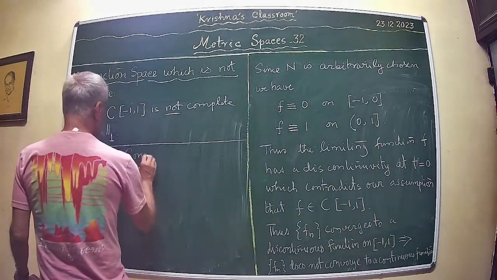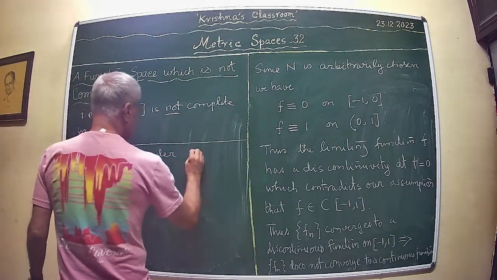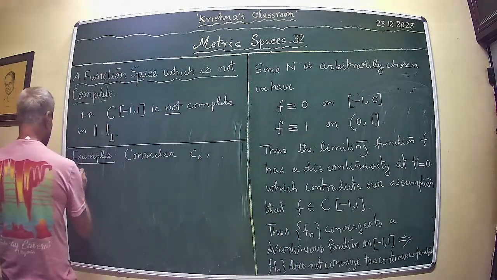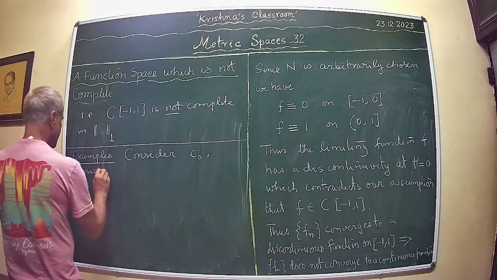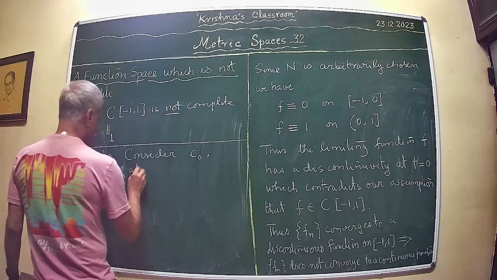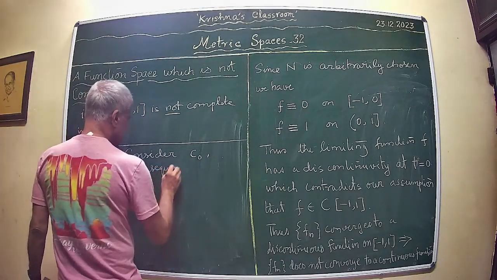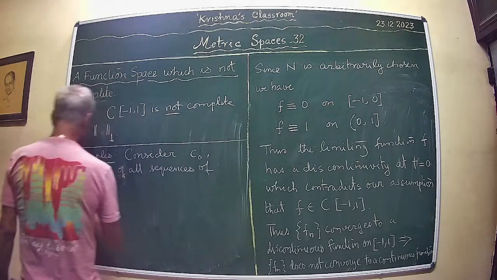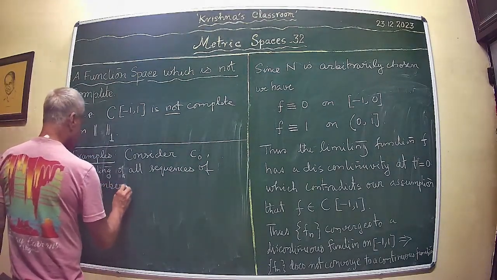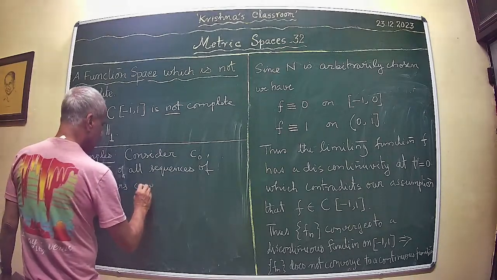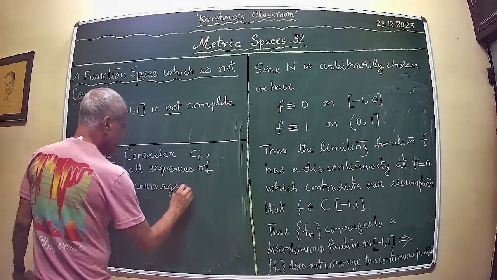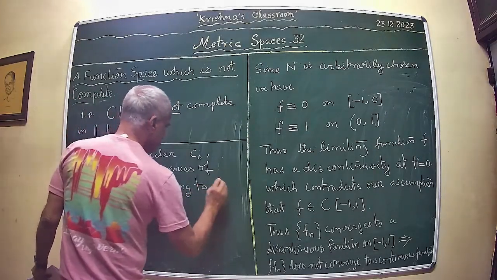Consider the sequence space C naught consisting of all sequences of real numbers converging to 0.